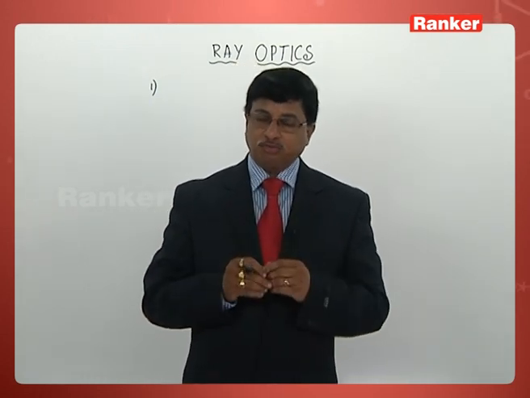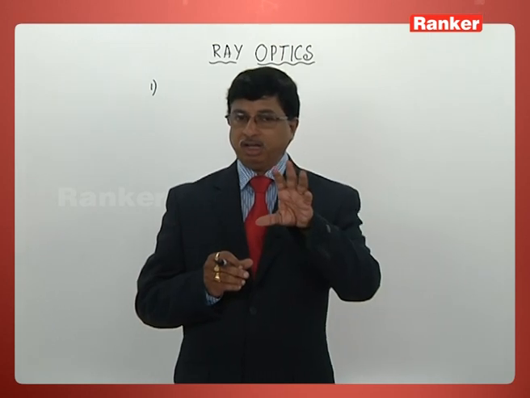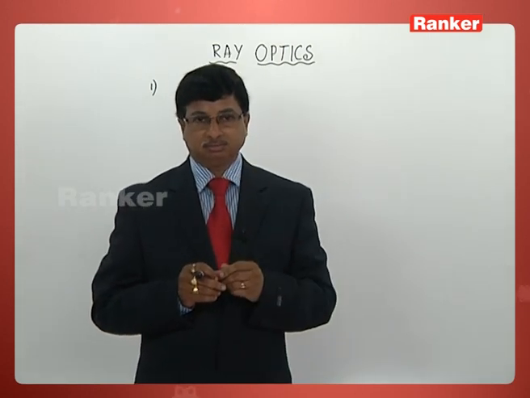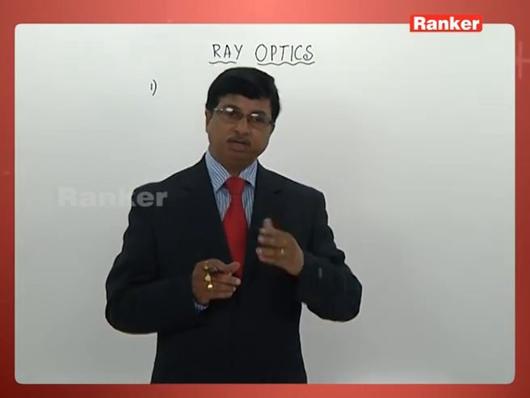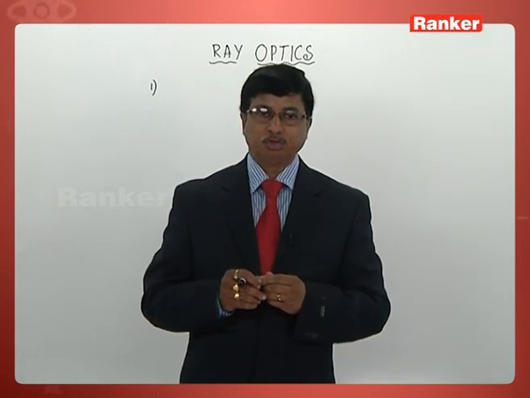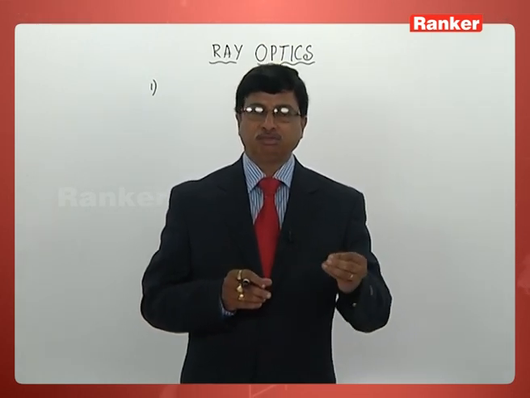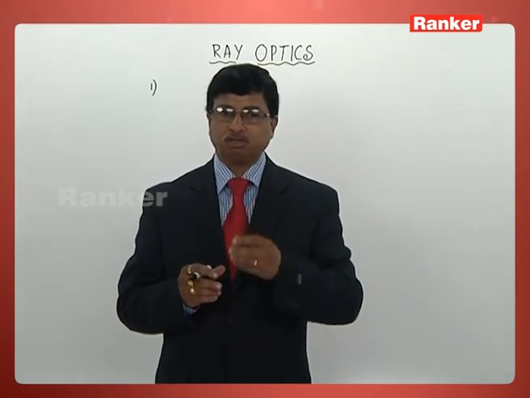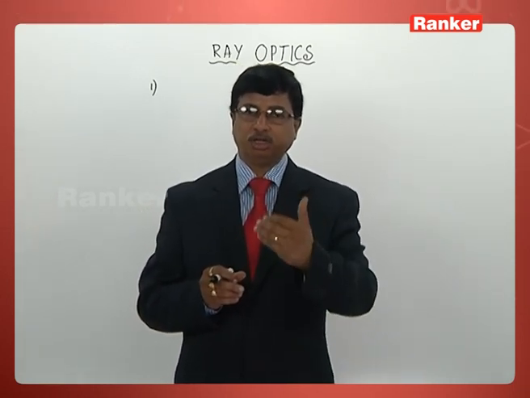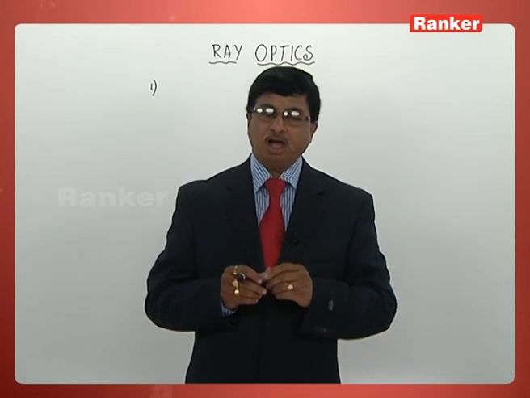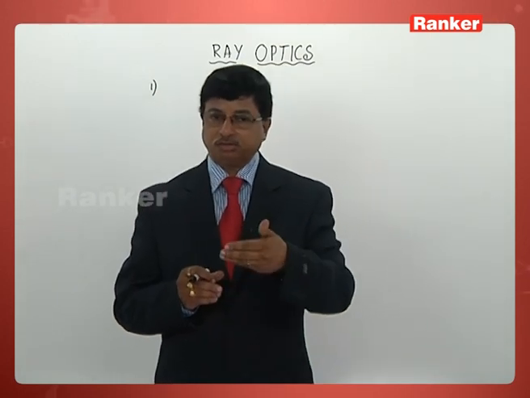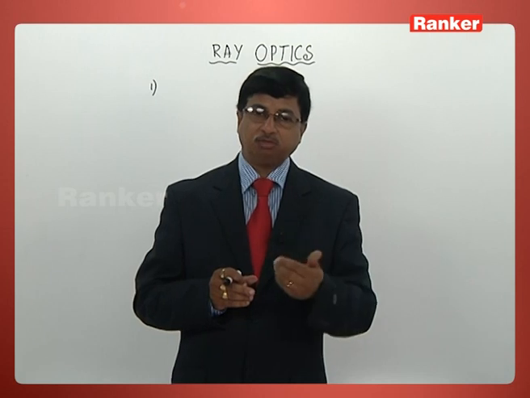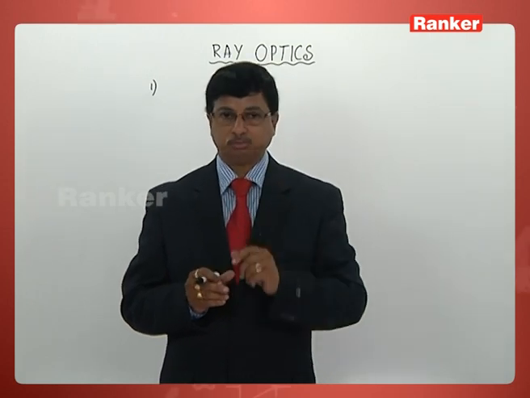In addition to this, when we discuss the magnification or magnifying power of a mirror, magnification M is equal to the size of the image by the size of the object, which we generally write as h2 by h1. Or you can even write image distance by object distance, that is v by u.